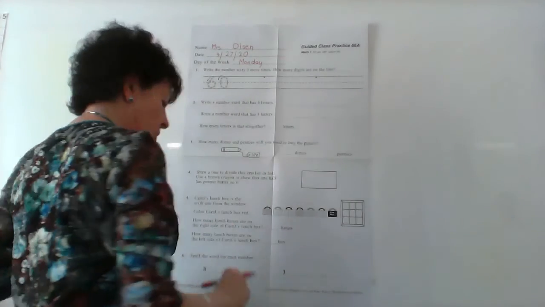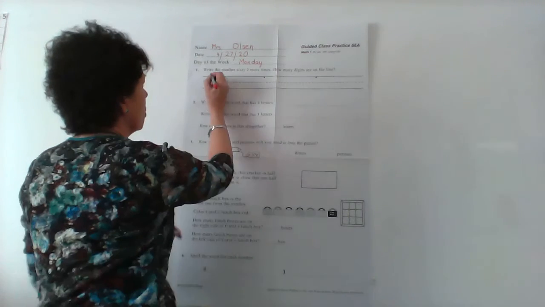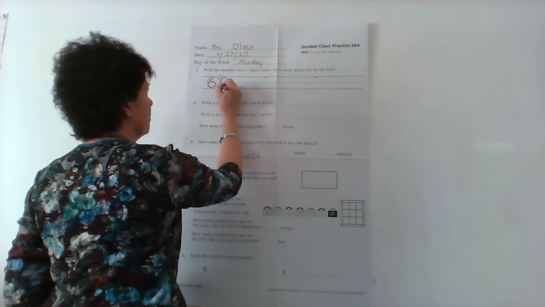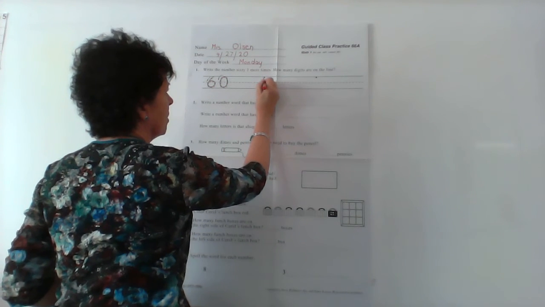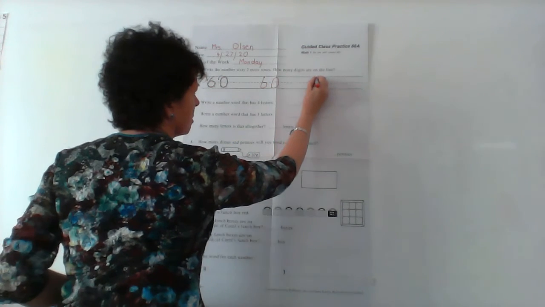Now here comes the part we just talked about. It says write the number 60 2 more times. So first we have 1 to trace. Then we have the number 60 2 more times.